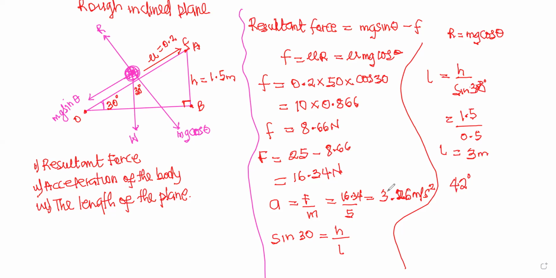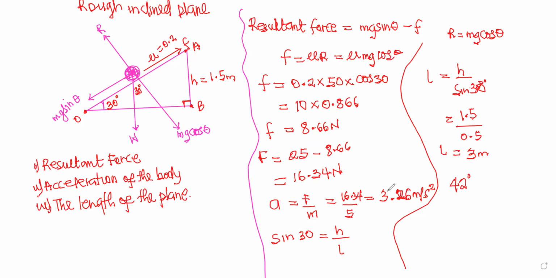A body of mass m kilogram is placed on a smooth inclined plane of an angle of 42 degrees to the horizontal. The normal reaction perpendicular to the plane is 14.9 Newton. Calculate A-I, the mass m of the body. Then A-II, the force parallel to the plane that is needed to hold the body at rest.